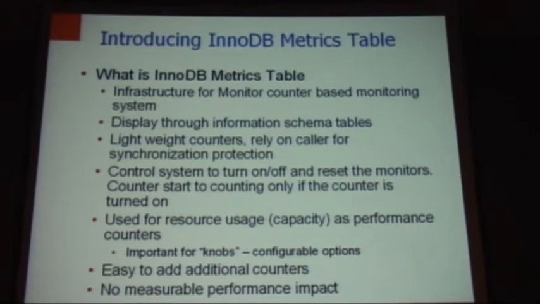So we want to put a cap on that. And how do we know whether that cap will be enough? Then there will be a counter that tells you how many tables will actually open in the time period. And currently, it doesn't have any measurable performance impact.